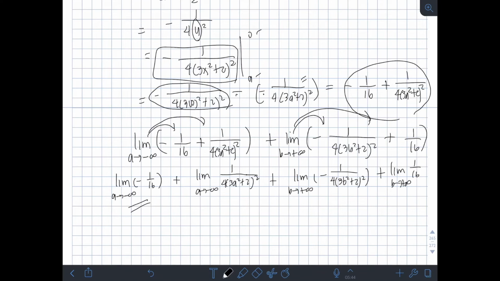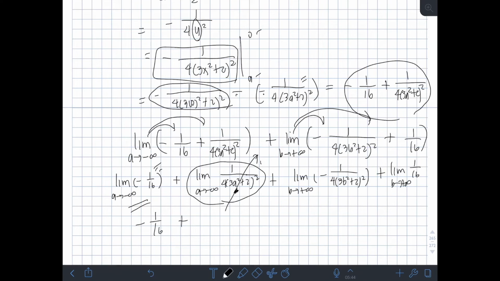For this expression, since the function is constant, its limit is automatically equal to the constant, which is negative 1 over 16, right? Then, plus, for this next expression, when a approaches negative infinity and it is squared, the value of a gets larger and larger. Since it is in the denominator, as the denominator grows, the value of the fraction gets smaller and smaller until it approaches 0.